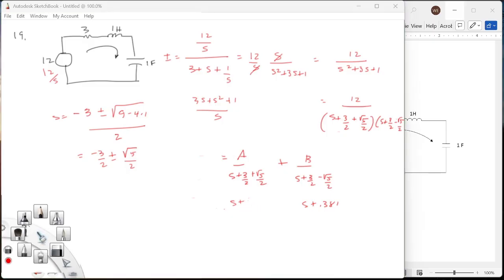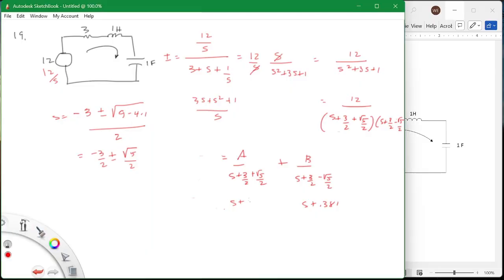I would, at this point in time, just say plus 2.61, okay? And 0.381. So, again, it's A over s plus 2.61 plus B over s plus 0.381.